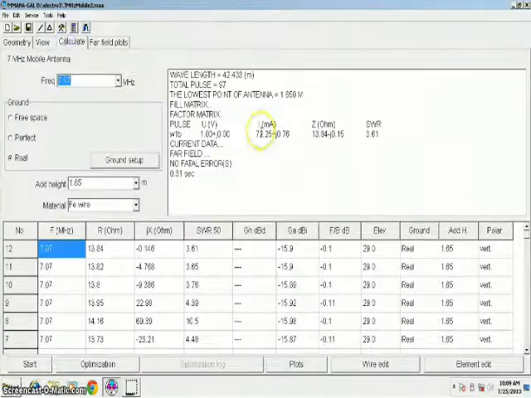Now but here the resistance part of this impedance is still 13.84 ohms, and proper value should be 50 ohm. How to solve this? Let's use the calculator tool.